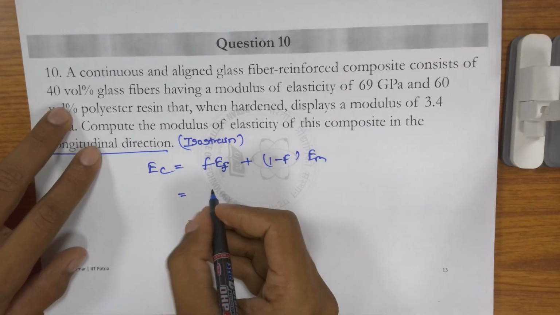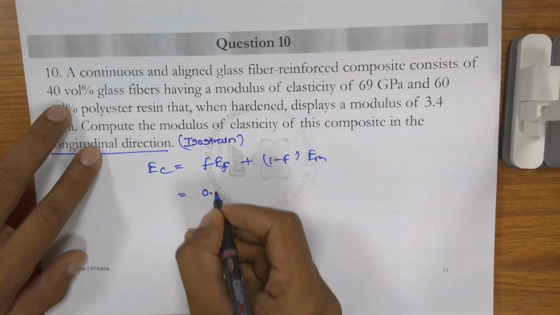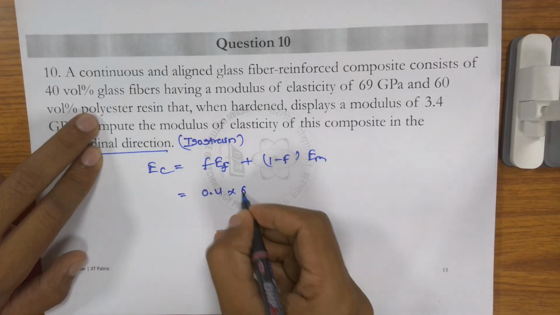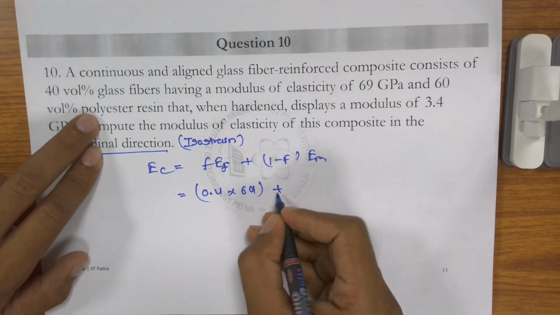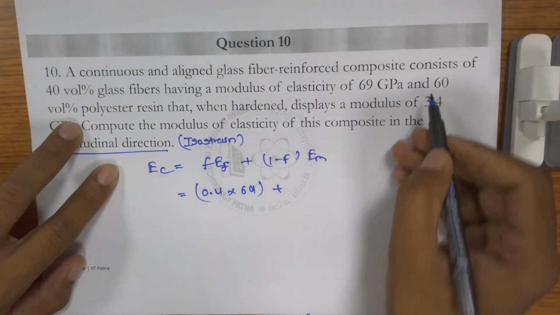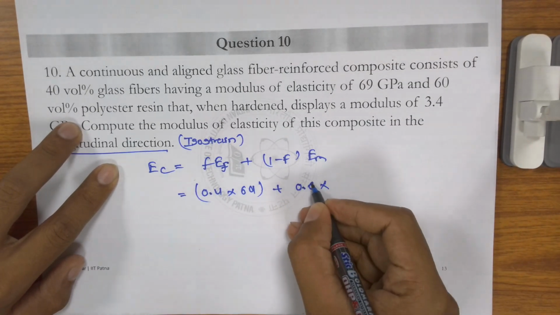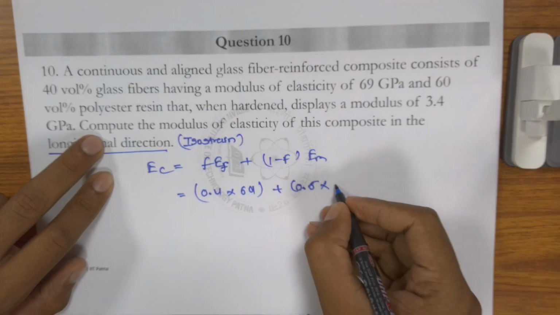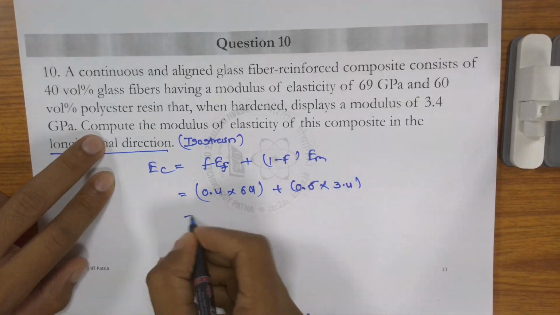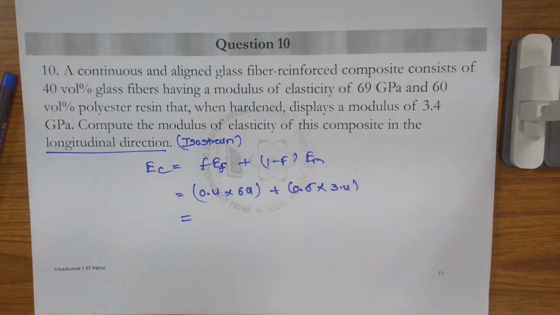Let's substitute all the values. 0.4 multiplied by 69, plus, this is 0.4, so then it will be 0.6 multiplied by 3.4. We'll get the value from here.